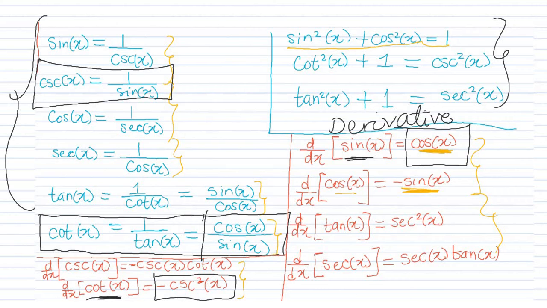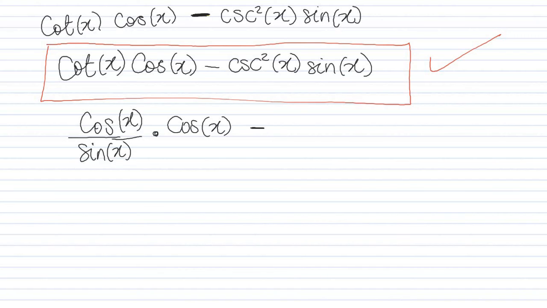We just come back here and we do this instead. We have 1 over sine x is the same thing as cosecant x. But what of cosecant x squared? That's the same thing as 1 over sine square x. Okay, so we have that down. And that multiplied by this one here, which is sine x.